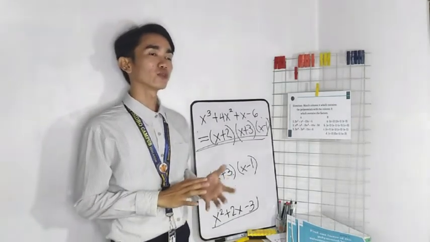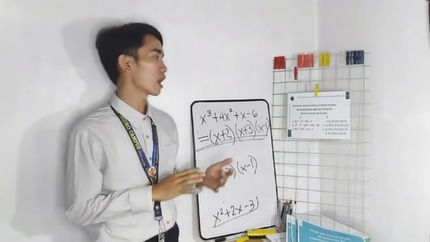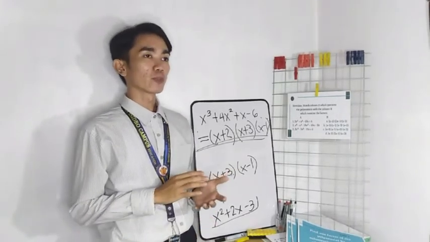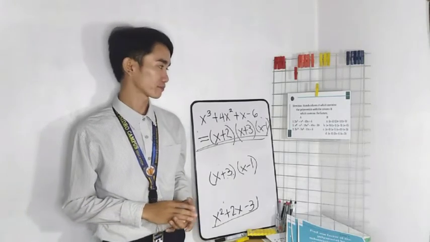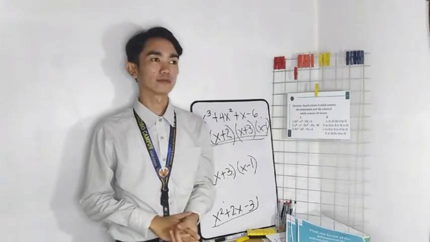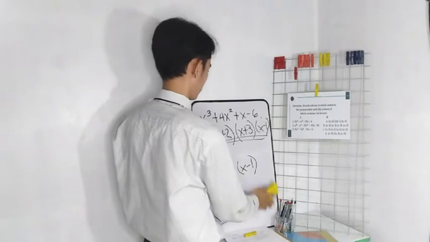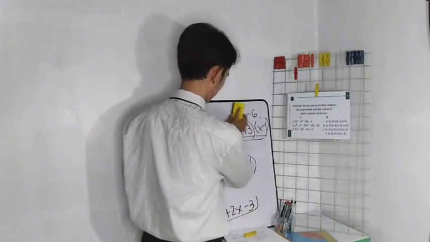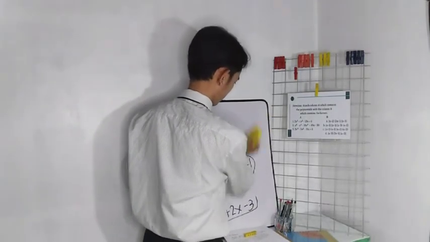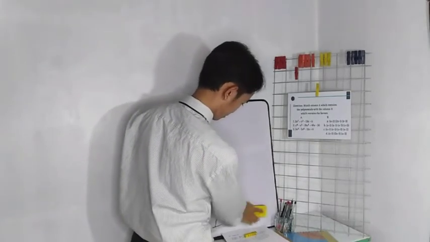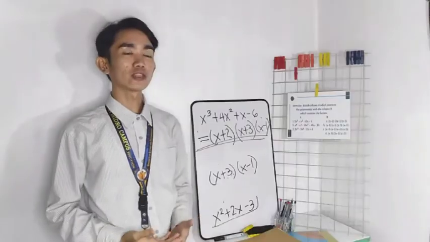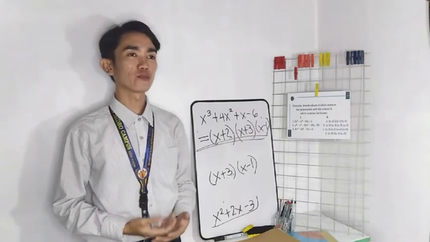I'm giving you 15 minutes to answer this, and after 15 minutes, finished or not finished, you need to pass your papers. You may now start. Okay, time's up. Pass all your papers in the front.